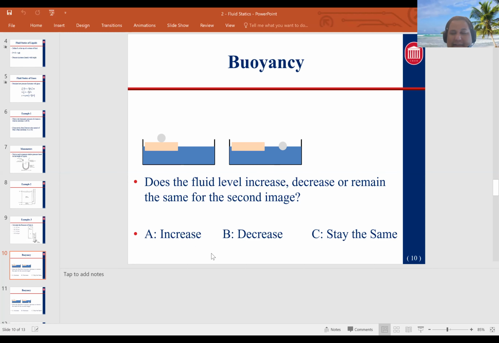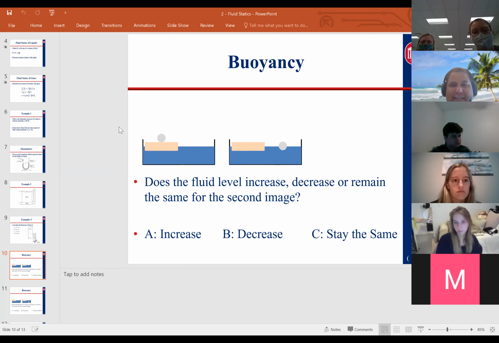And then we're going to play everybody's favorite game, rock, paper, scissors. So if you think that the water level increases, you can throw out rock. If you think the water level decreases, you can throw out paper.